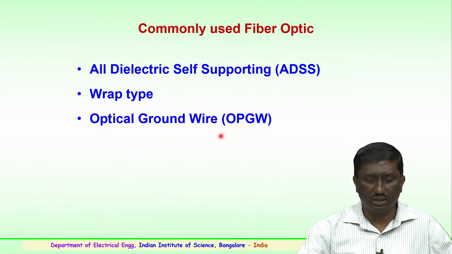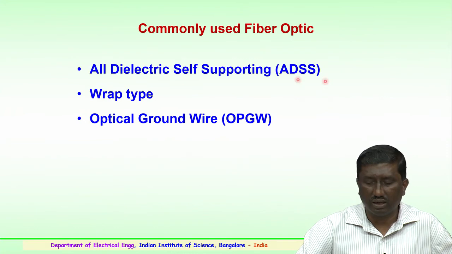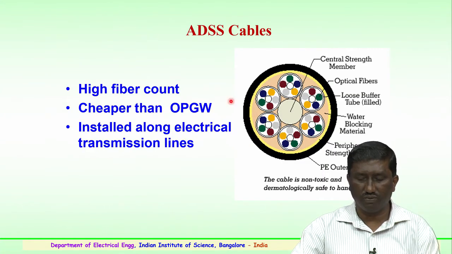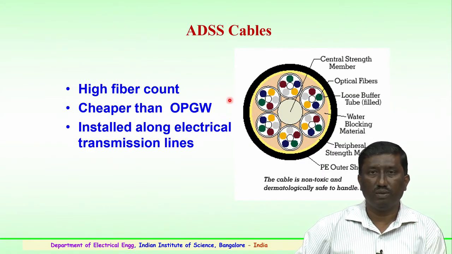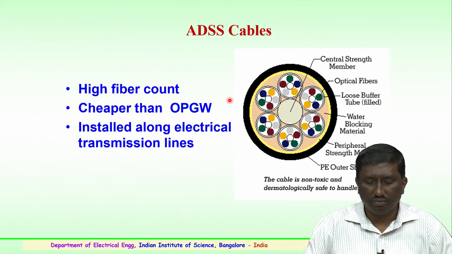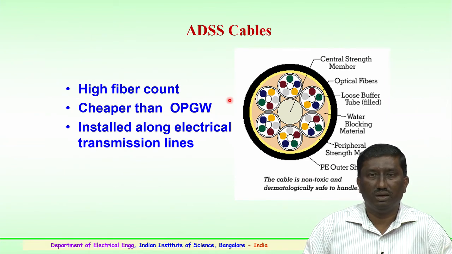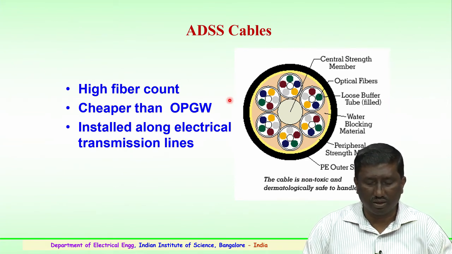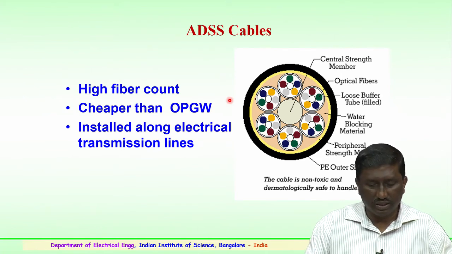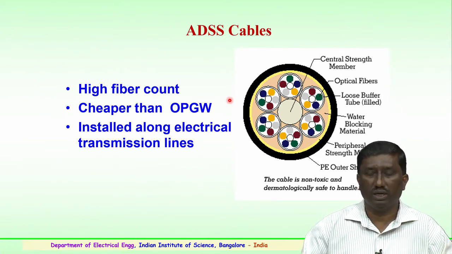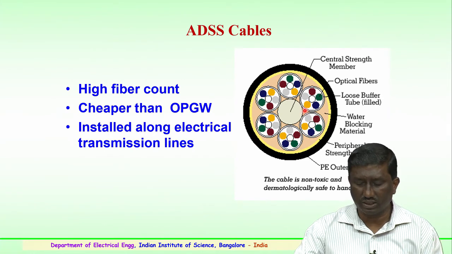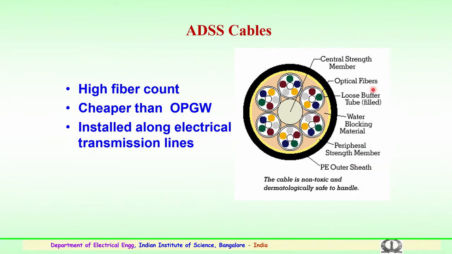Before that, the all dielectric self supporting cable generally consists of a high fiber count, and it is more economical than the optical ground wire, and it is installed along the electrical transmission lines. You can see here the structure of the all dielectric cable which is used for communication.